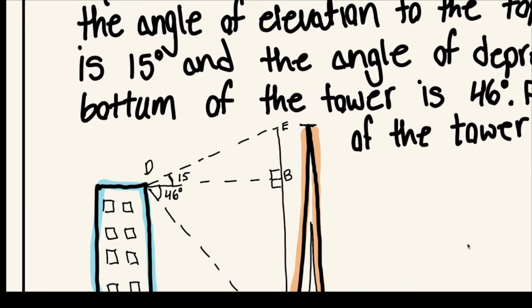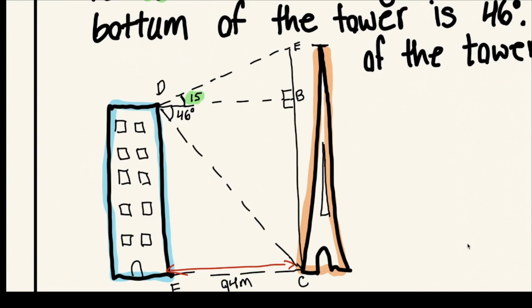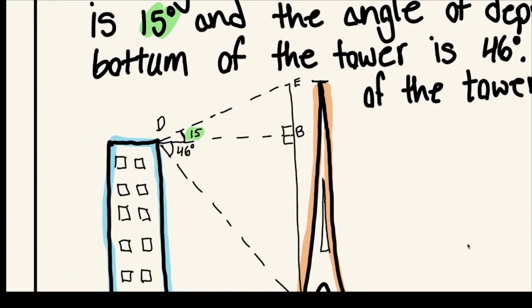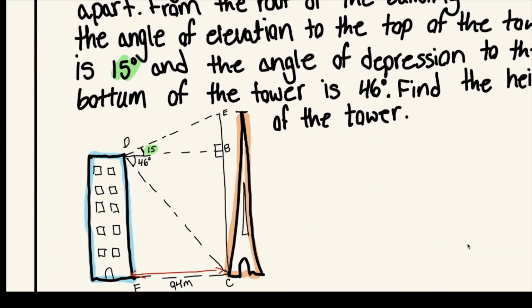And that is why this 15 degrees is right here, because it's saying from the top of the building, right? So DF, this building right here, from the top of that, the angle of elevation, meaning it's going to go upwards, like looking up to the top, will be 15 degrees, right? And then that's why they labeled that 15 degrees.